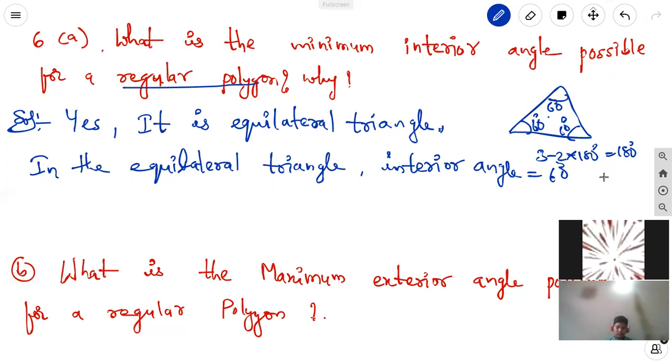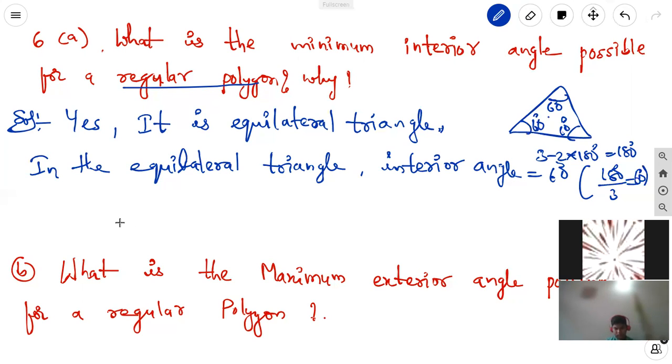Why? Because 180 degrees by 3, 3 sixes are 18. So interior angle is 60 degrees. Why? Because 3 angles should be equal in the regular polygon. So what is the minimum interior angle possible for a regular polygon? Yes, it is an equilateral triangle. In the equilateral triangle, the interior angle is 60 degrees.